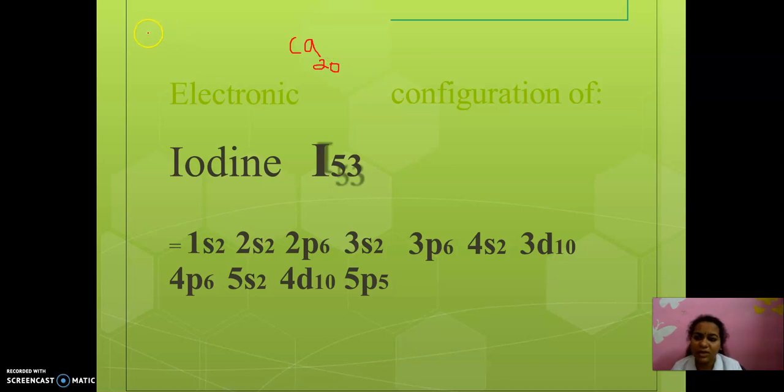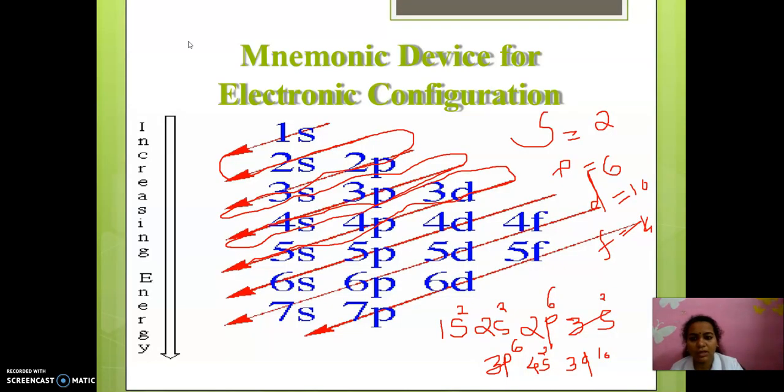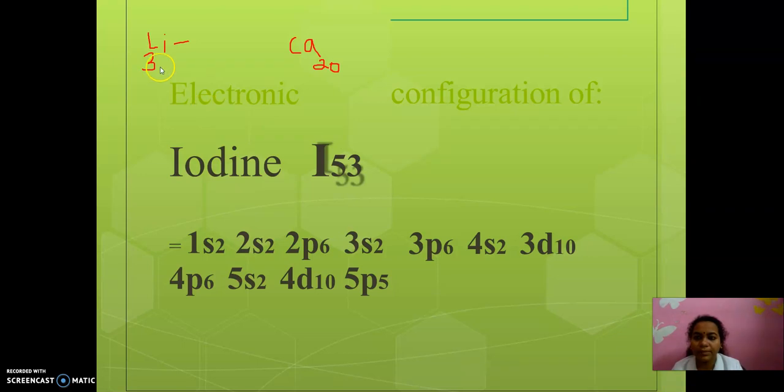Else we'll start with a very small one, lithium. Atomic number is 3. So how can we write that? We know that first we have to fill 1s, then 2s, then 2p and so on. Lithium has 3 electrons.